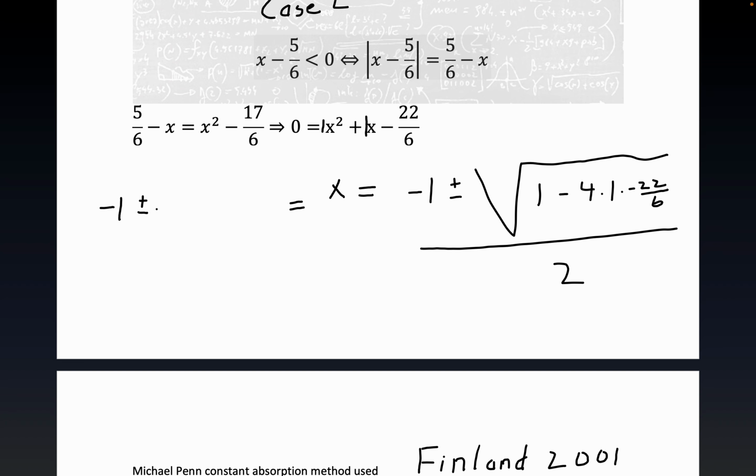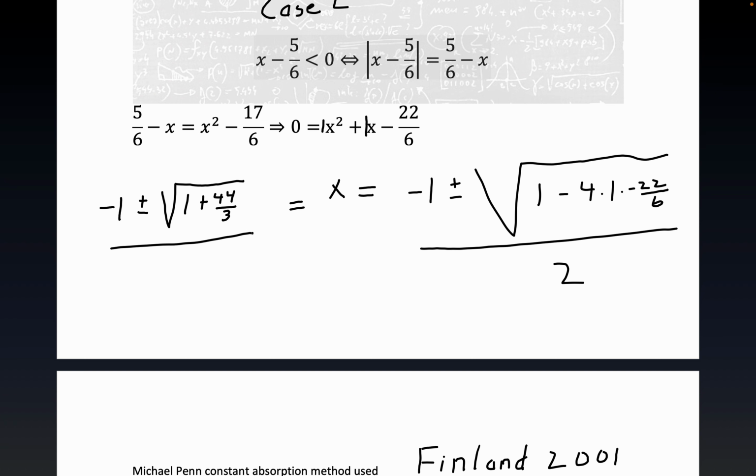When you do all the work right here, and I will skip more than one step, you'll end up with the square root of 1 plus 44 over 3, all over 2.